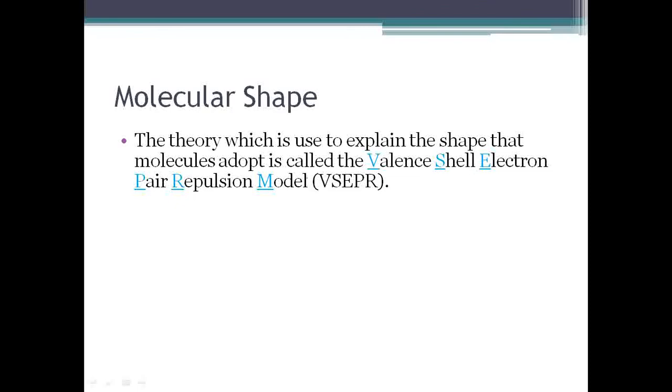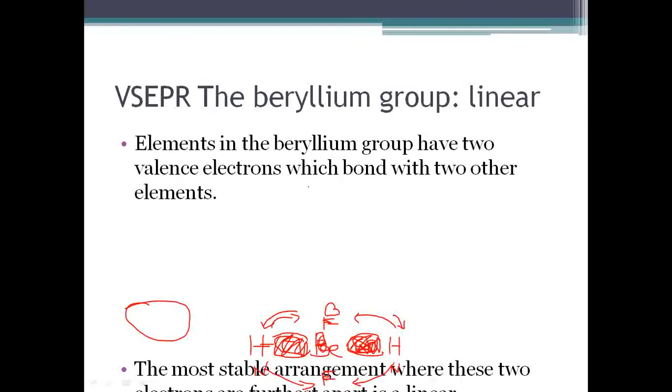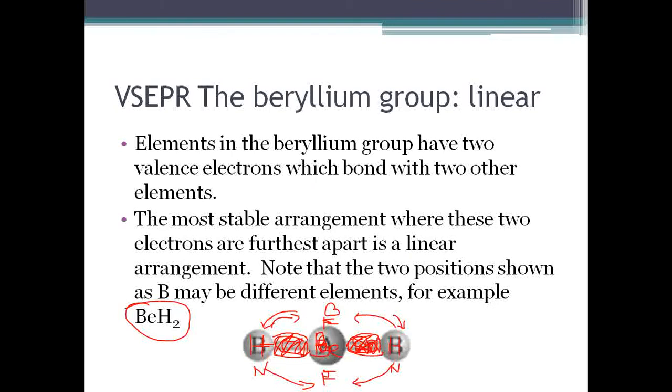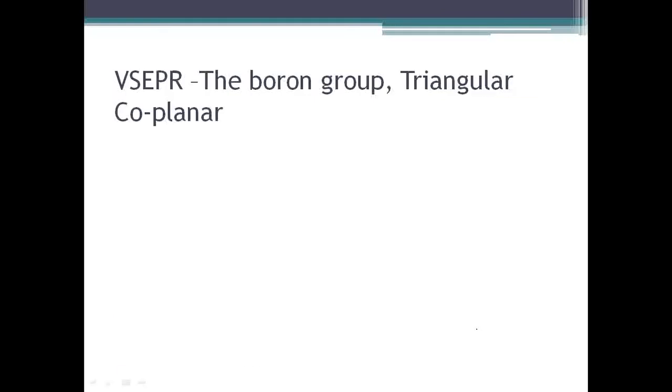Valence shell electron pair repulsion model means that these electrons in these clouds here try to repel one another and get as far apart from one another as possible. It's that simple. And it makes perfect sense that a molecule like this would be linear to try and maximize the distance between those two clouds.